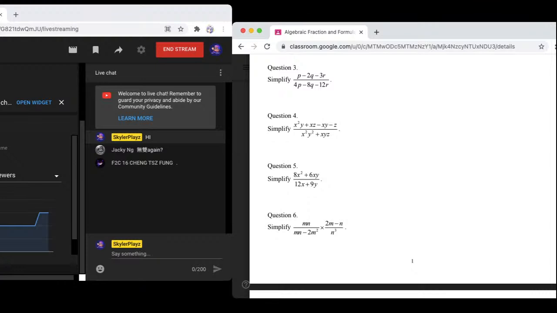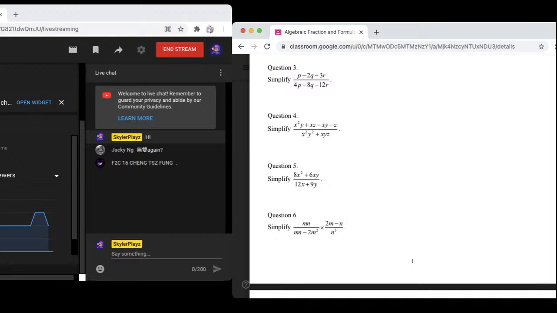Factor out. Okay, all of them are correct. So we combine the fraction and see xy plus z, x minus 1, xy plus z, xy plus z.